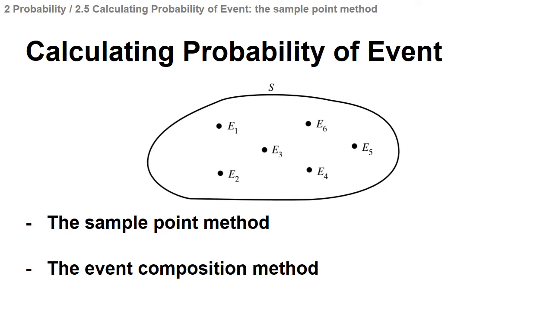So for now, we will just talk about the sample point method, which is about how we assign probabilities to each simple event, and let me describe how we do it.